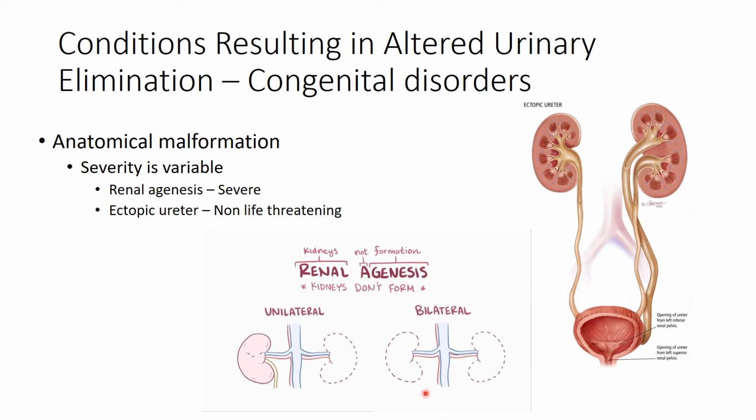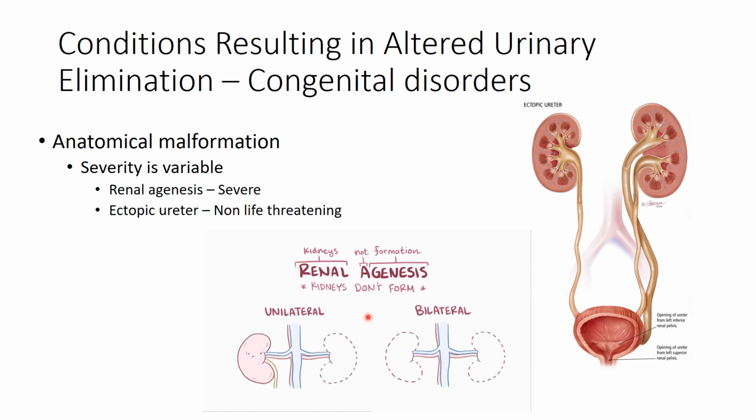Obviously, you don't have any way to filter your blood. Okay, A means without, genesis means the formation. So without kidney formation, and depending on the level of the agenesis, it's going to impact the function. Right? And so there really isn't a treatment for these congenital disorders.